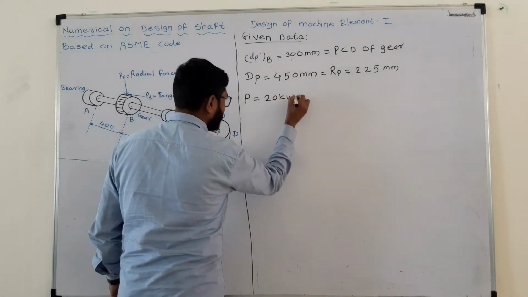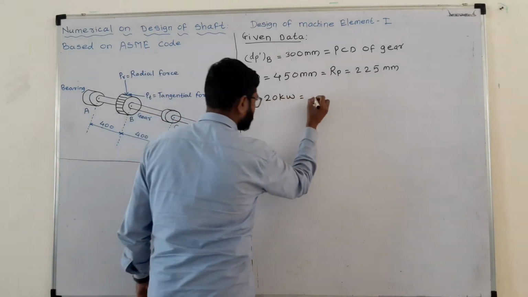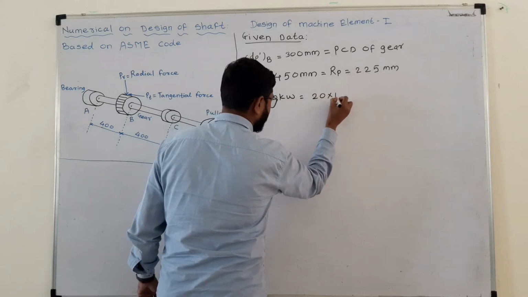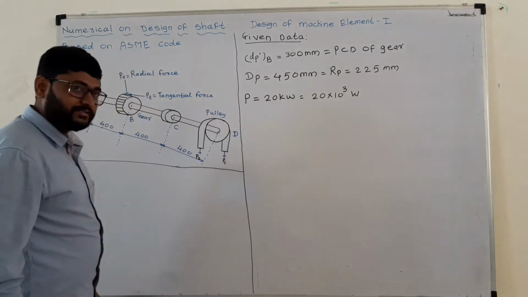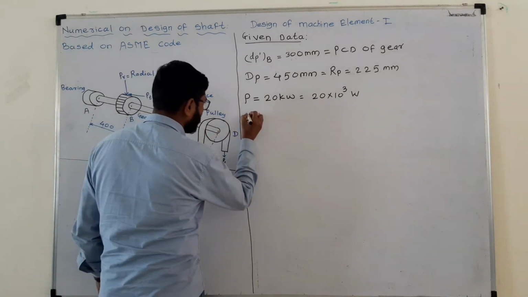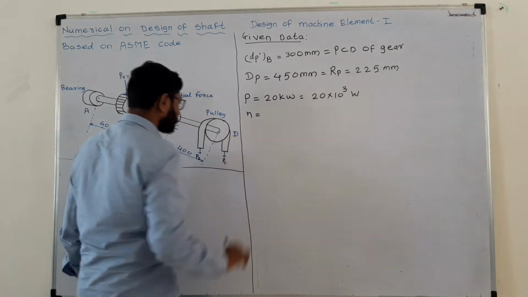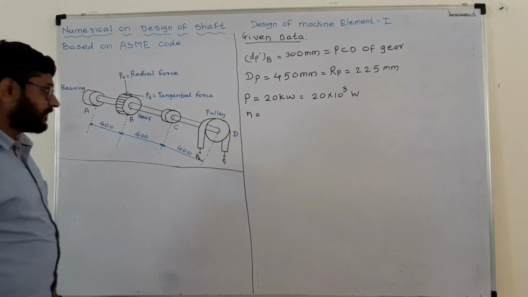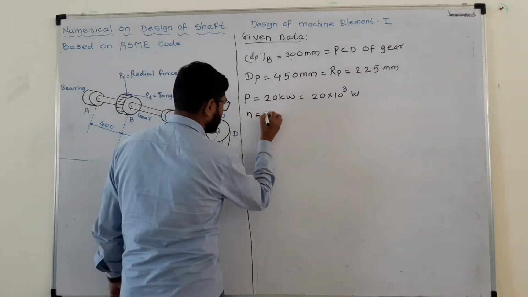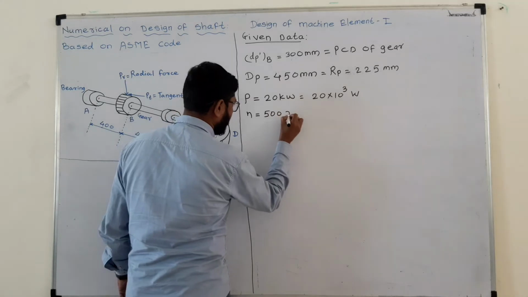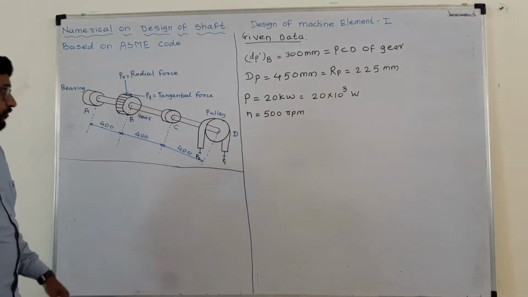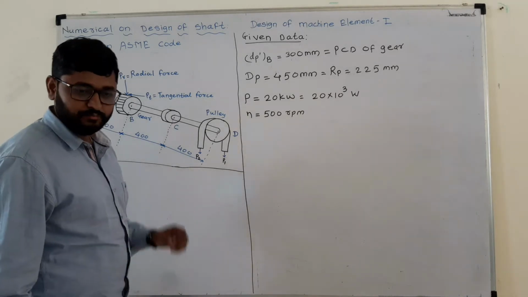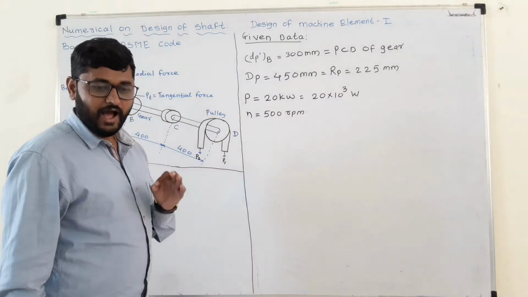Power P is equal to 20 kilowatt, which means 20 into 10 raised to 3 watt, and the shaft runs at a speed of 500 rpm.